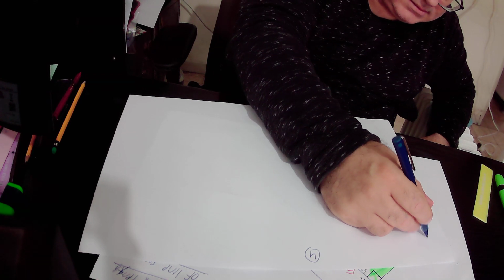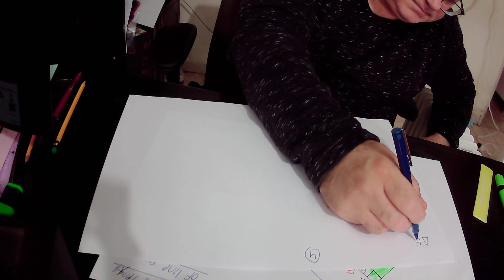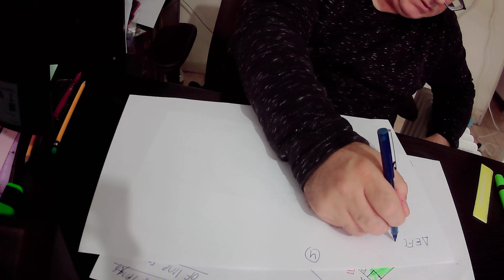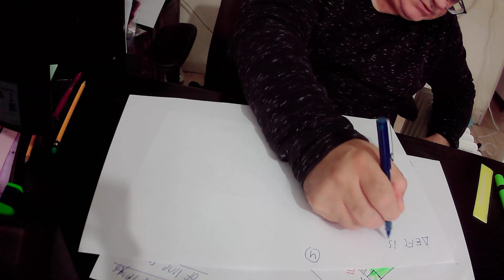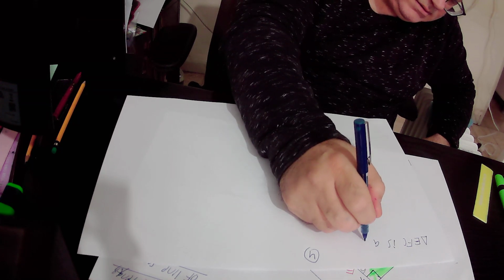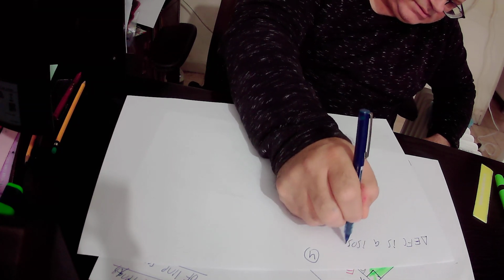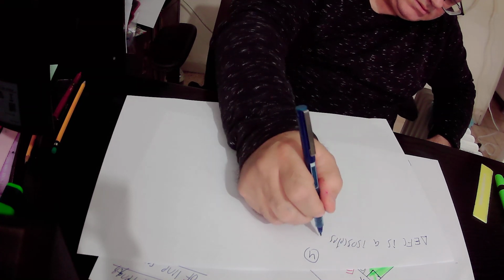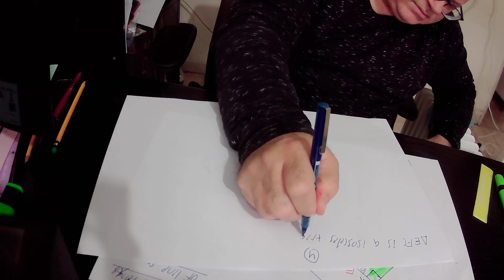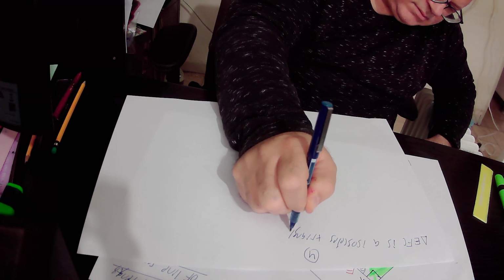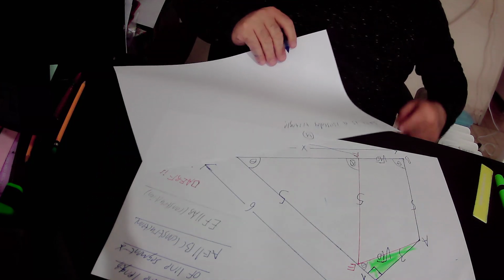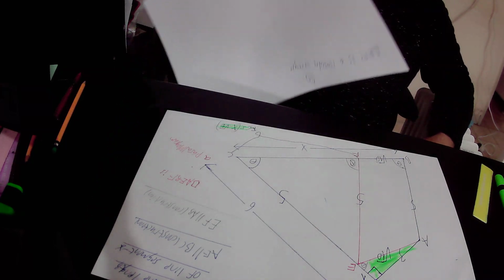Triangle EFC is an isosceles triangle because side EF equals side EC equals 5 units.